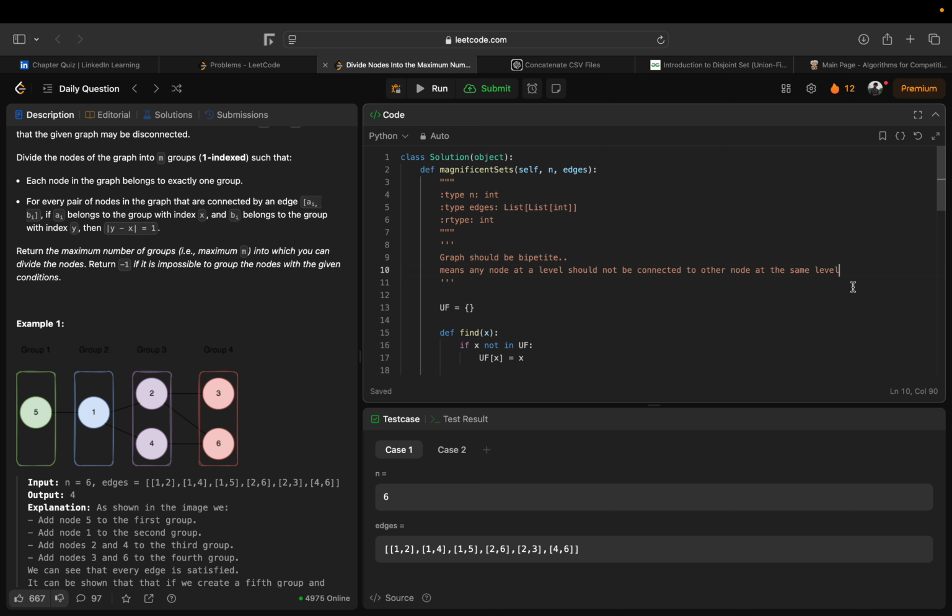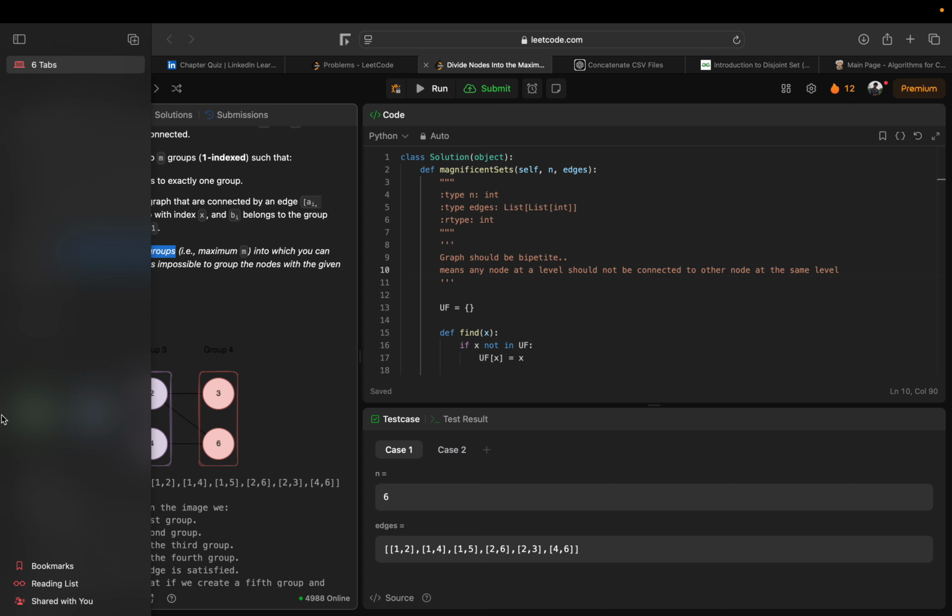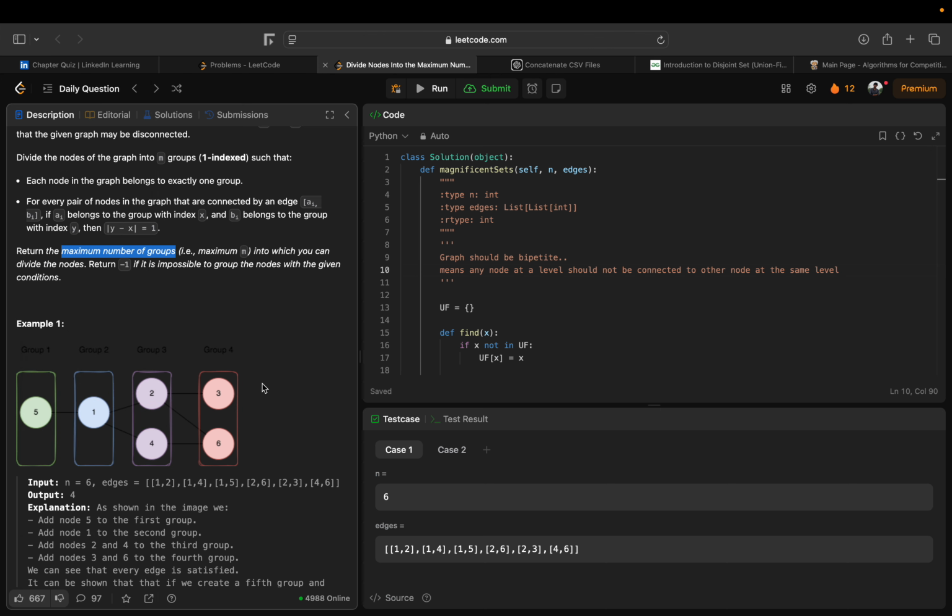This is the first observation, and then what we need to do is return the maximum number of groups possible. It is nothing but the maximum difference between any two nodes.